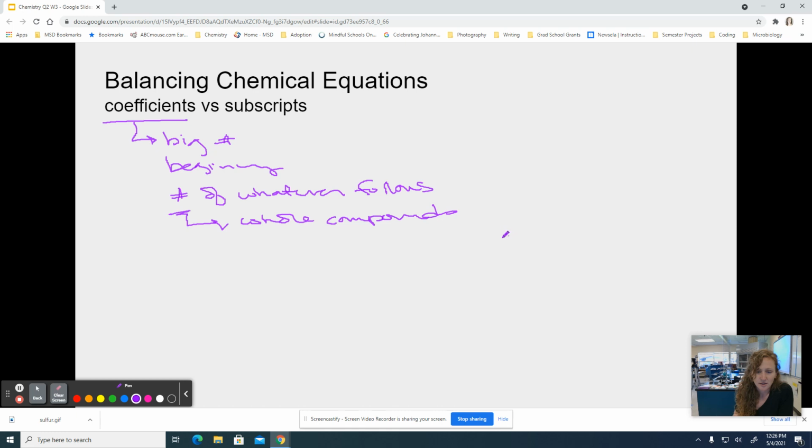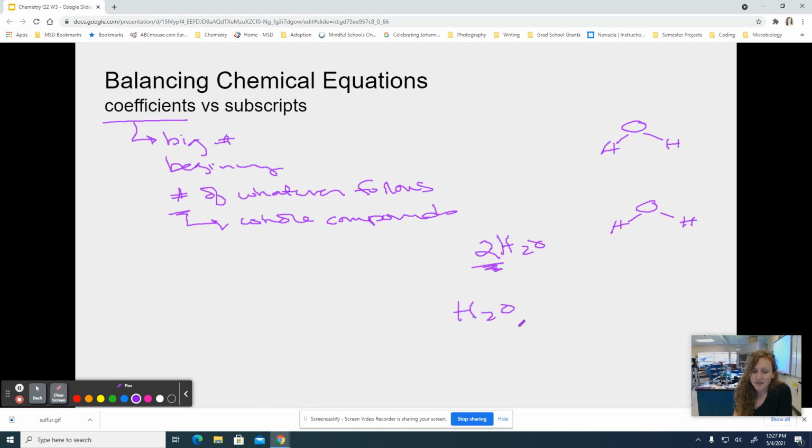Let me show you an example. If I write H2O, I'm telling you that in this molecule, I have 2 hydrogens bonded to 1 oxygen, right? If I change the big number in front, or the coefficient, I don't change that bonding at all. I just now have 2 of that exact same molecule.